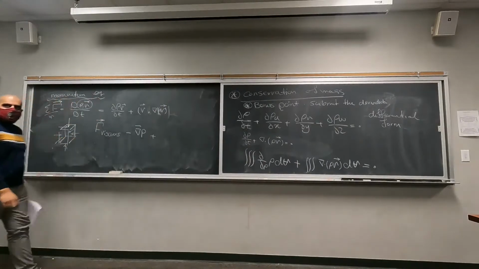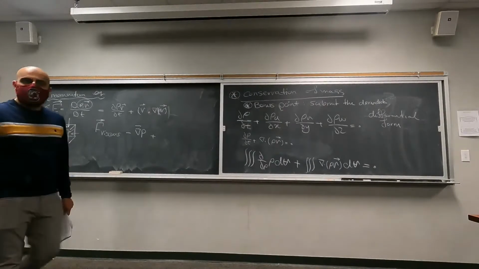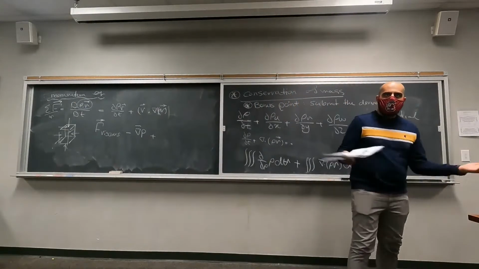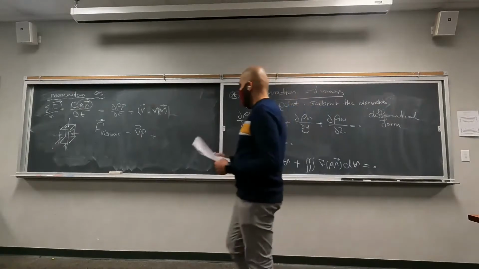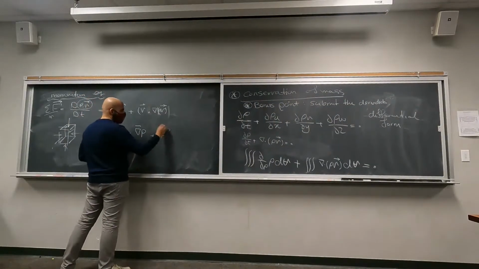What else do we have? What other force is present here? Weight, right? This fluid has some sort of weight, and we're going to call that body forces, F of B.